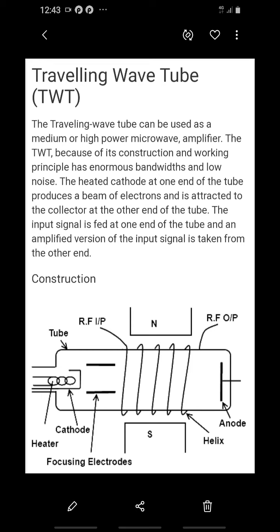So here this is the part of the tube. It contains radio frequency input, cathode, heater, focusing electrodes, radio frequency output, anode, and helix, and two poles, north and south.